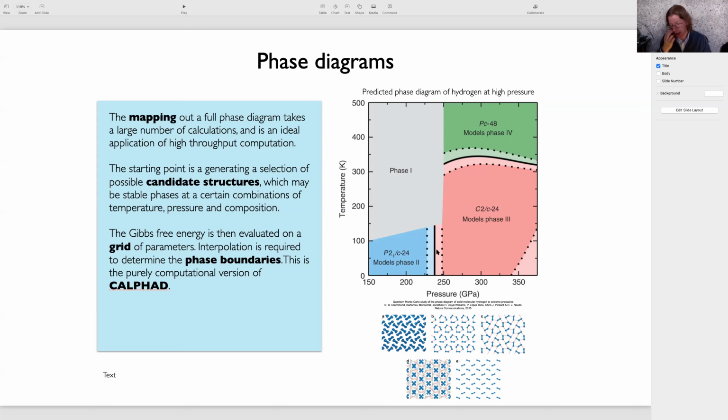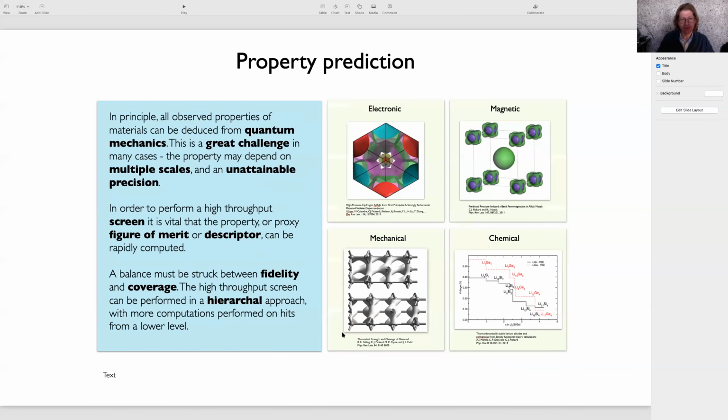But they're largely done from experiment. More modern versions are partly augmented by calculations. Whereas what I'm showing here is a purely computational way of calculating phase diagrams, but it's a kind of CALPHAD. It's calculation of phase diagrams, but it's doing it from a DFT way all the way through.